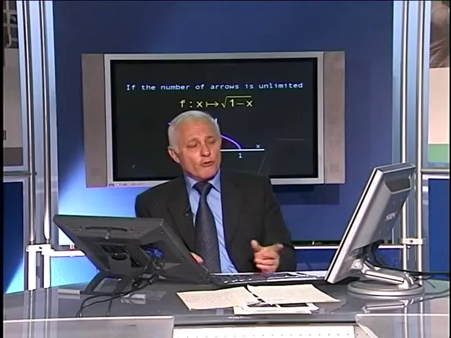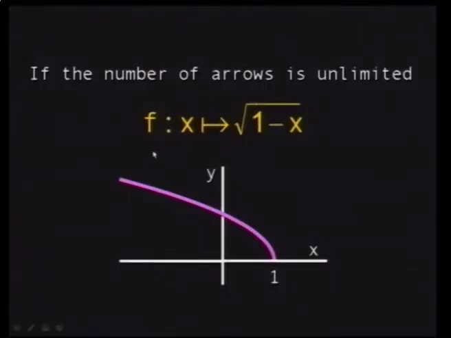But again, you can have the number of arrows which go from the set A into the set B be infinite, like this one, for example. Here, x can take all values ranging from minus infinity till 1. How did we calculate this? It's easy. All you have to do is take what's inside the square root to be positive.